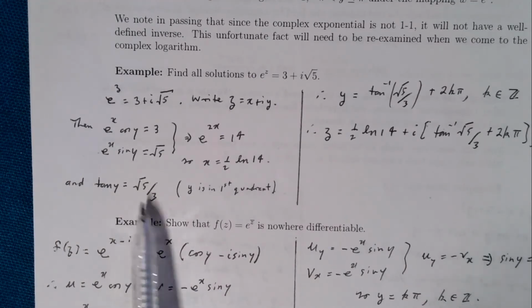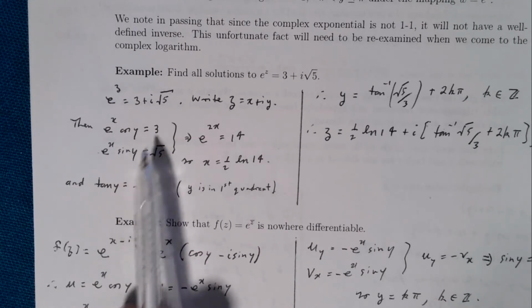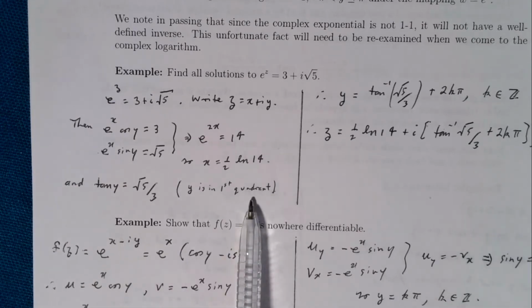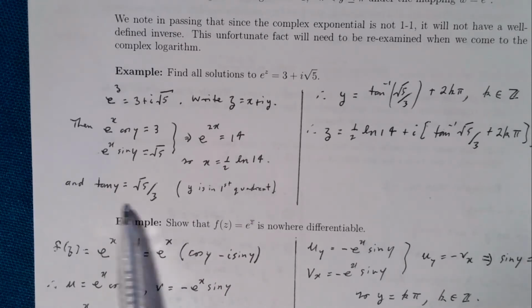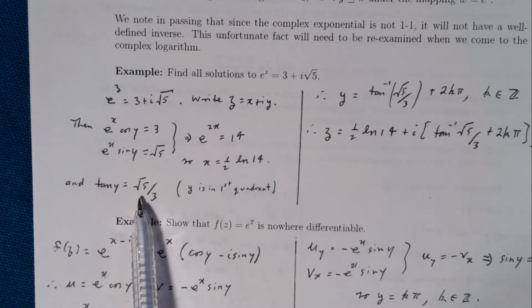And you can see from these equations here that this y is in the first quadrant, so to get y, I'll just take the inverse tan of root 5 on 3.